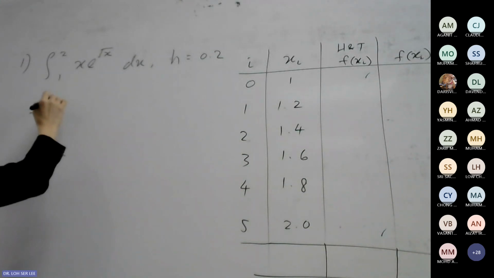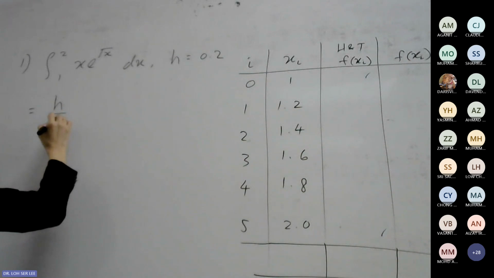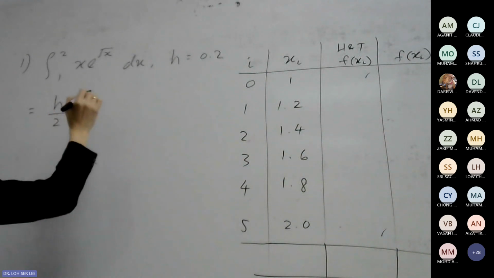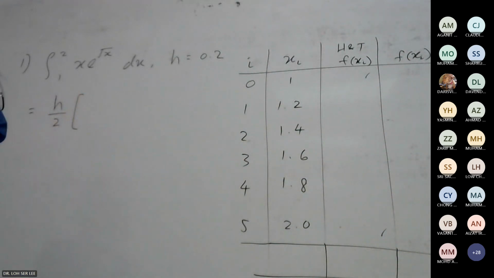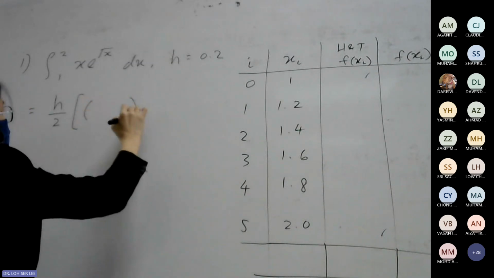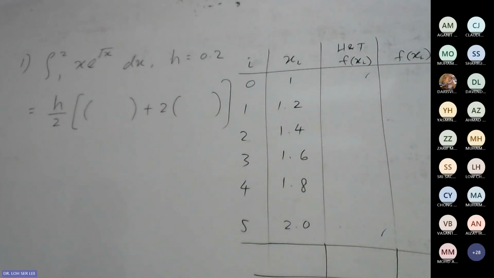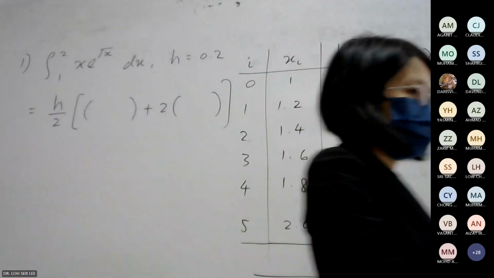The formula will be h over 2, then the head and tail plus 2 times the sum of the rest of f. Okay, try.